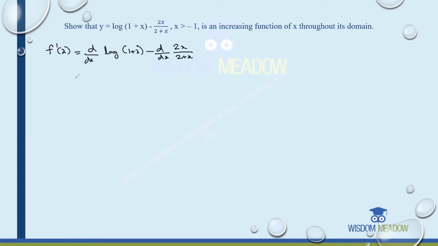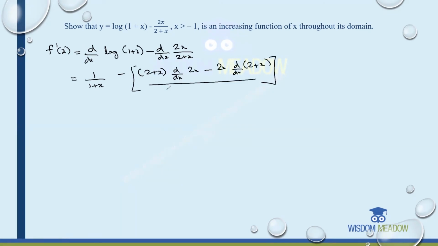So the derivative of log of 1 plus x will be 1 by 1 plus x minus, you have to use the quotient rule here, 2 plus x into the derivative of 2x minus 2x into the derivative of 2 plus x over 2 plus x the whole square.